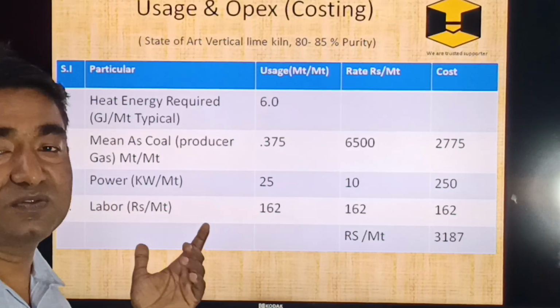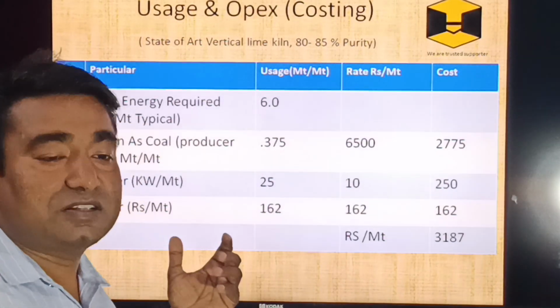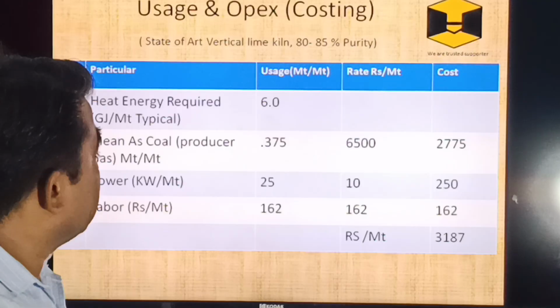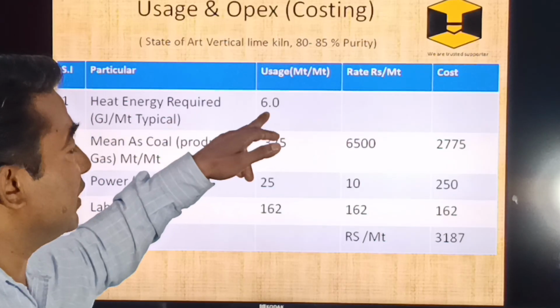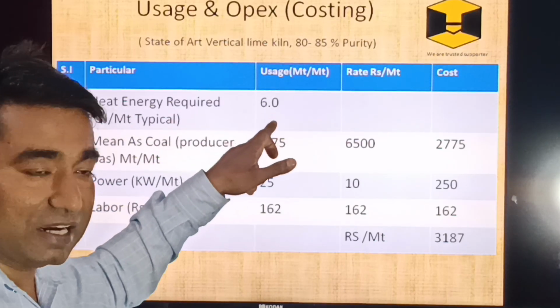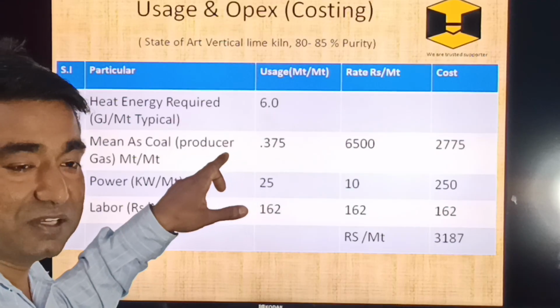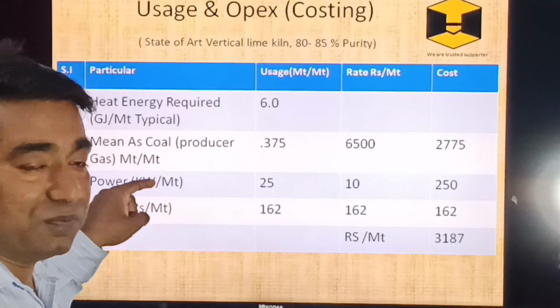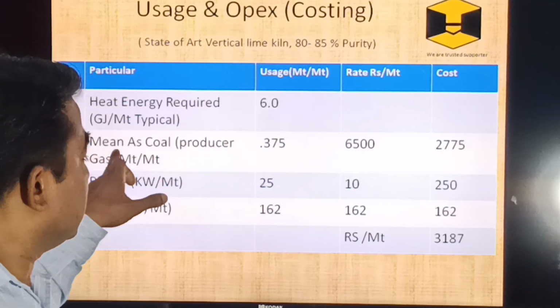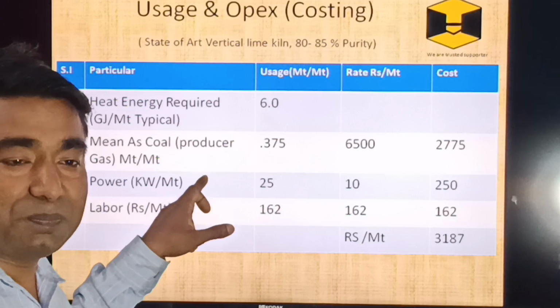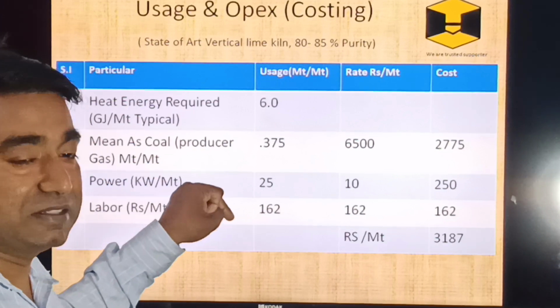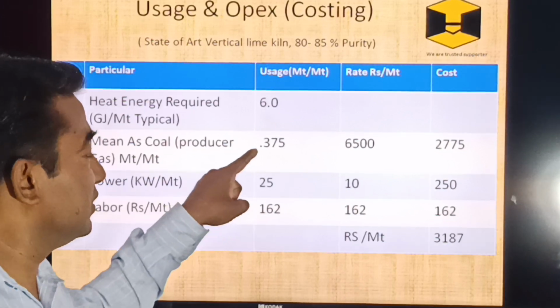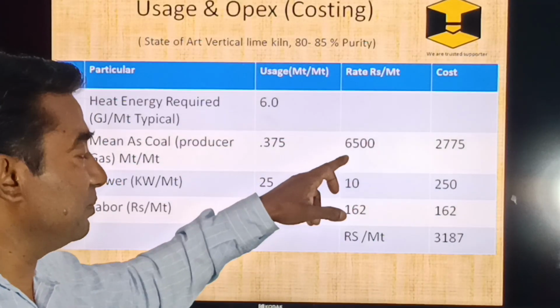So how much OPEX will there be for this state-of-the-art vertical lime kiln? The energy requirement will be the maximum if the dryness is less. Usually it shall be between 5 and 5.5 gigajoule, and it will totally use producer gas. Maximum coal consumption will be 375 kg per ton of lime.